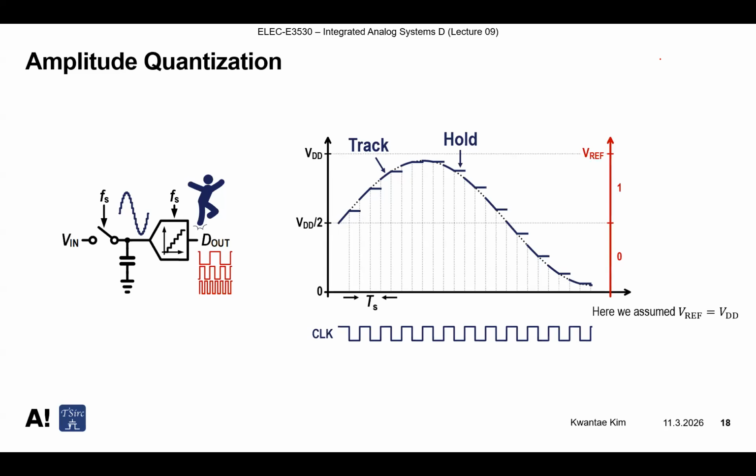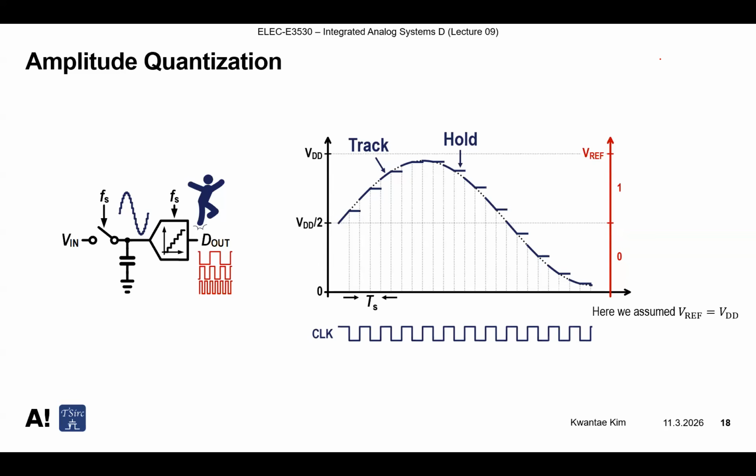Let's assume that we want to quantize, just put the levels and divide the levels using a very simple single threshold criterion. If the input signal is above the threshold, we call the digital output a 1, and if the input signal is lower than the threshold, we call the digital output a 0.